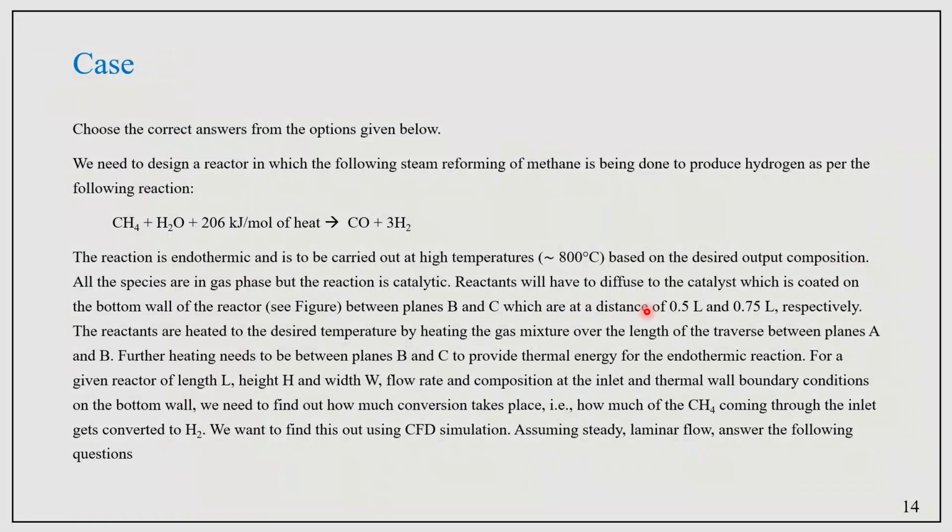Reactants will have to diffuse to the catalyst, which is coated on the bottom wall of the reactor between planes B and C. So between planes B and C only catalyst is coated, and reactants are heated to the desired temperature by heating the gas mixture over the length of traverse between planes A and B. Further heating needs to be done between planes B and C to provide thermal energy.